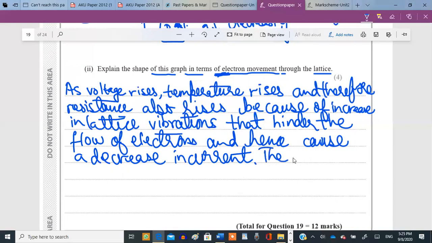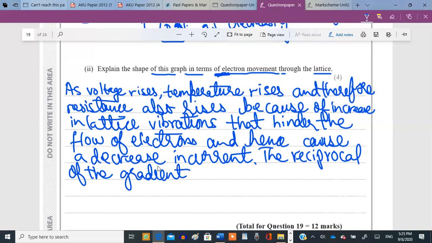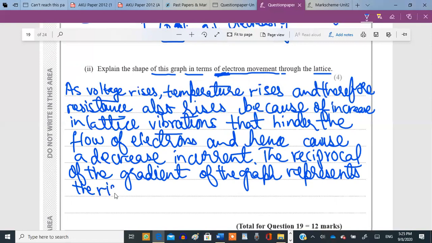The reciprocal of the gradient of the graph represents the resistance.